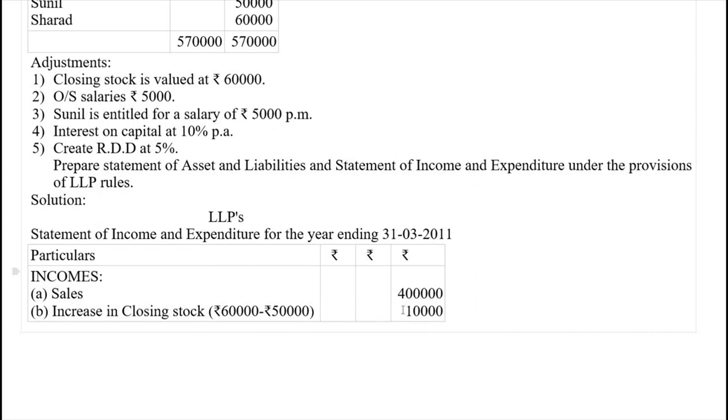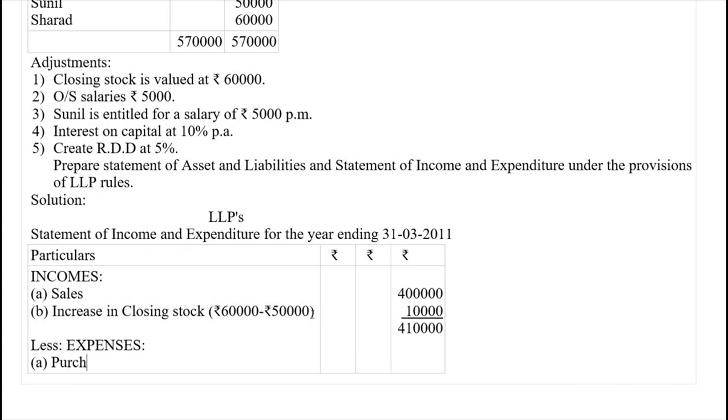Now let's underline and take the total, which is 4,10,000. Then less expenses.